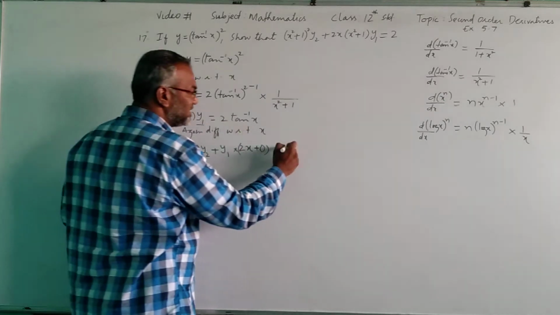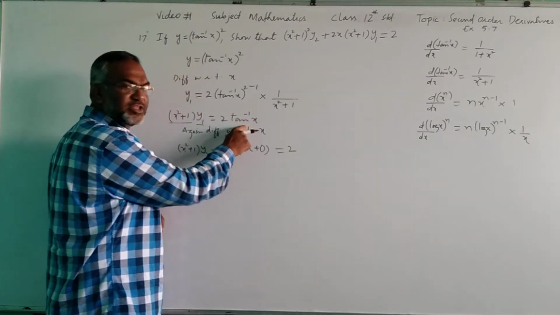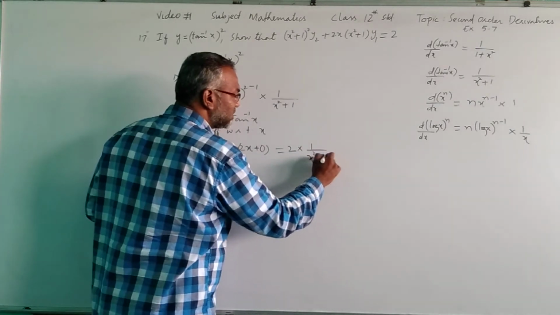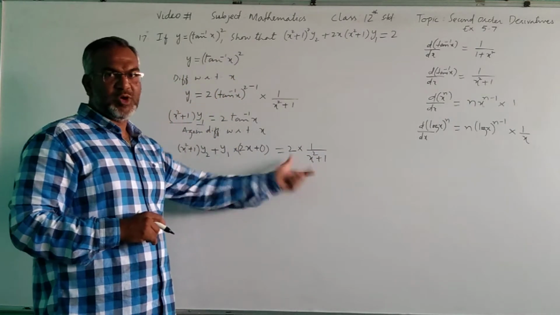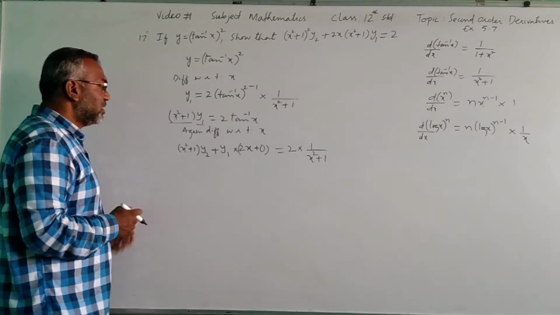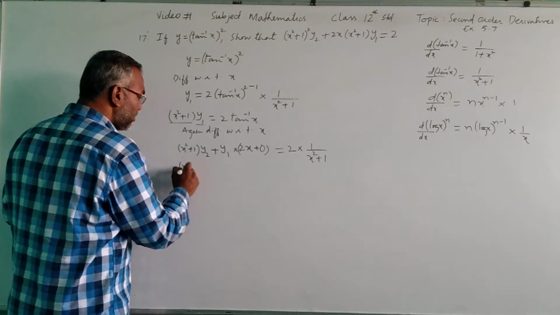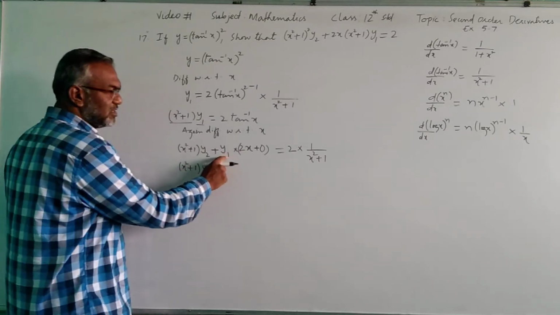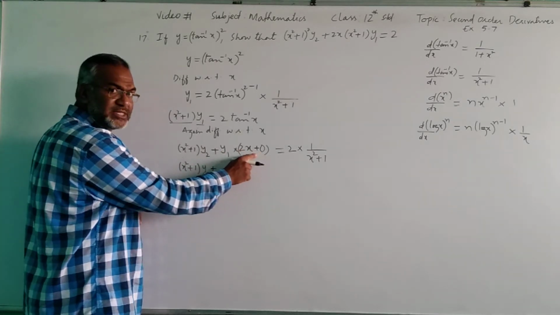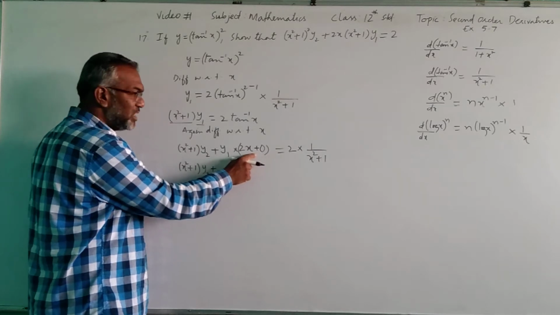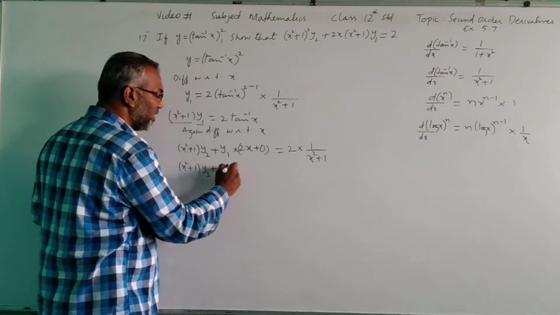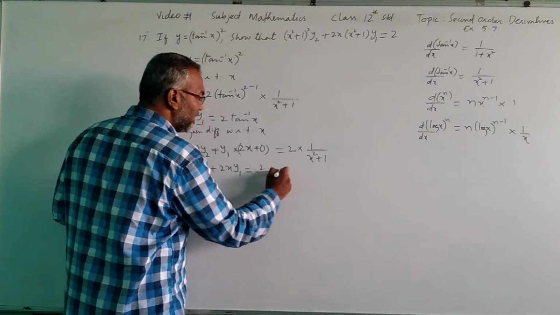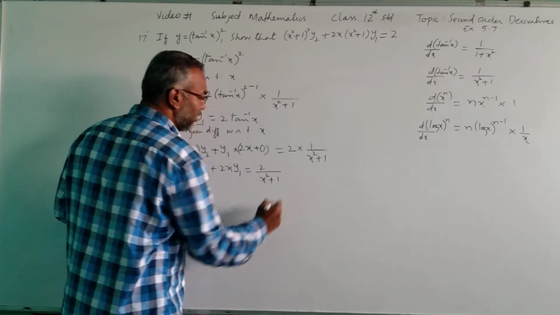So 2 constant as it is because it is in product with the function, and then tan inverse x differentiation is 1 by x square plus 1. You can write 1 plus x square or x square plus 1, makes no difference. So this becomes x square plus 1 y2 plus this 2x plus 0 is 2x. 2x into y1 is 2x y1 is equal to 2 divided by x square plus 1.